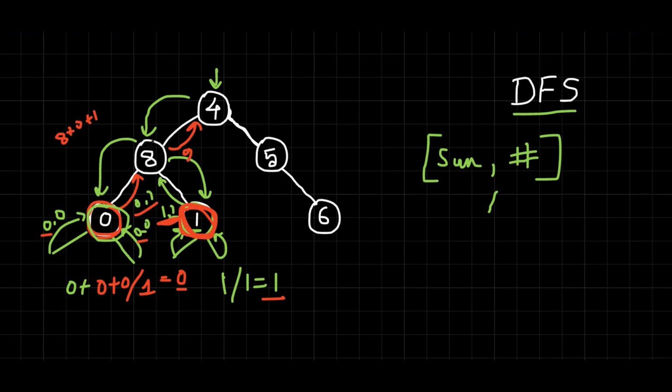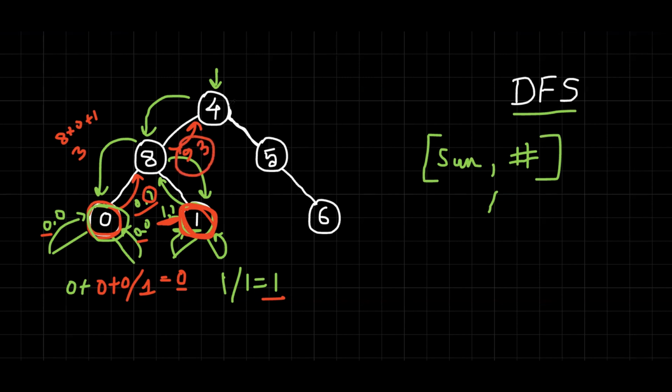And the number of nodes presented here will be 1 plus 1 plus 1. So there will be 3 nodes here, which are 8, 0 and 1. So it will return the value 9 and 3.